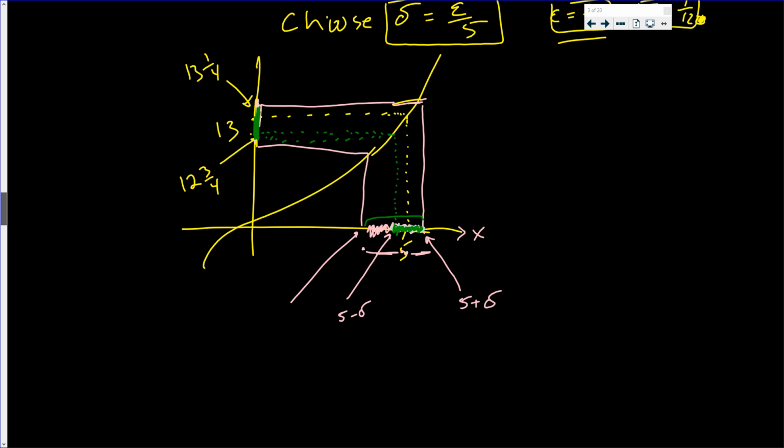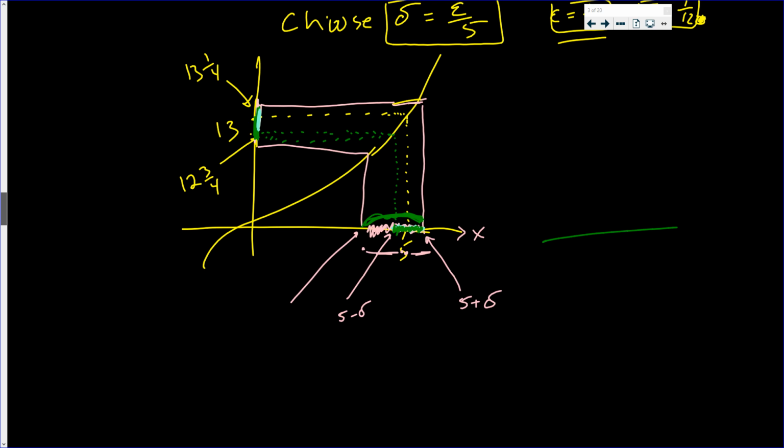I'll end up in a tighter interval. I'll just be maybe in here. But nonetheless, I was able to find the delta. So please don't think that I'm saying that this whole interval has to be 5 plus delta and 5 minus delta. No. But a smaller part will be.